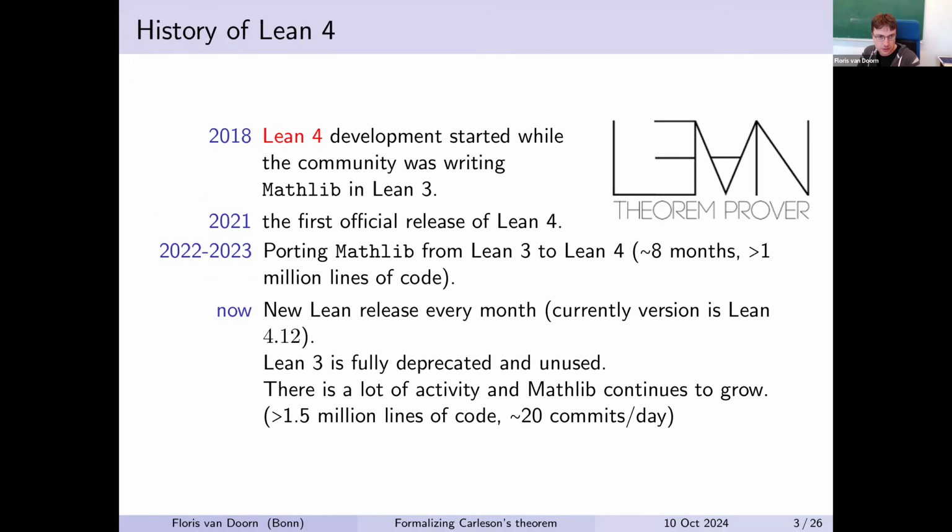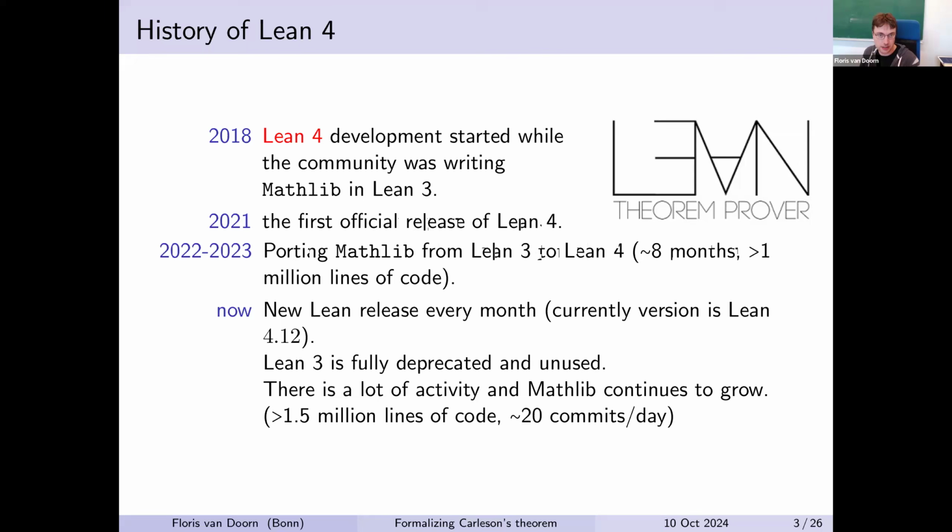So Lean itself started development in 2013, but all the hype is now in the latest version, Lean 4. The Lean community was happily working with Lean 3 and doing mathematics in Lean 3 for many years since 2017.